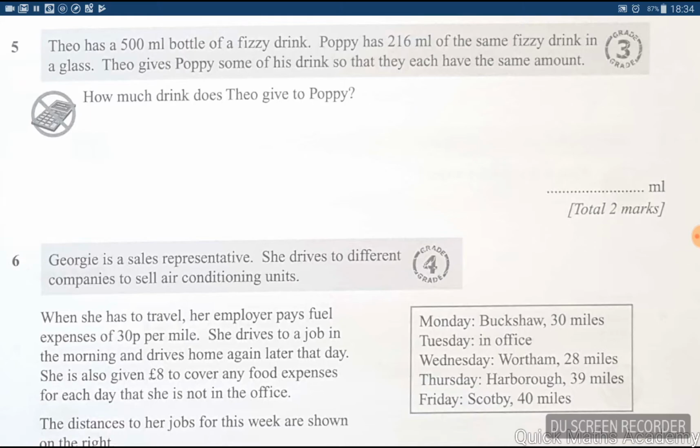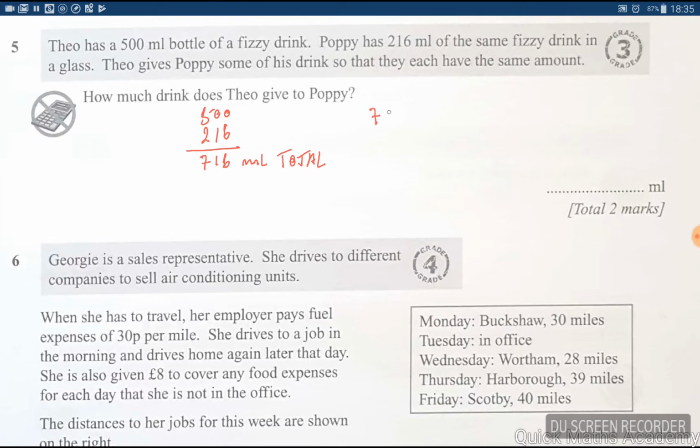Okay, so what I'm going to do is to add 500 to 216, and that will give me 716. Okay, this is the total milliliters of both drinks. Okay, now if I divide this value by 2, I will have how much they will have. Okay, if they split in a half.